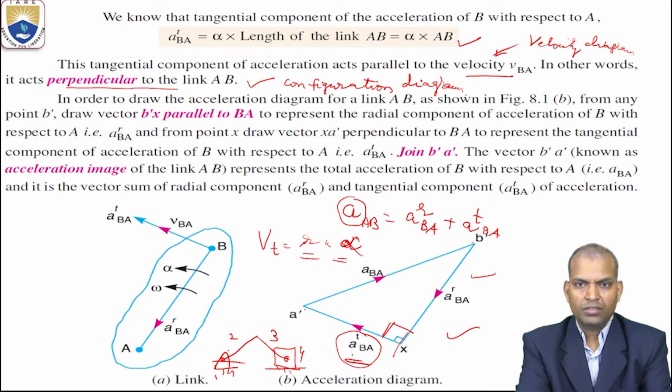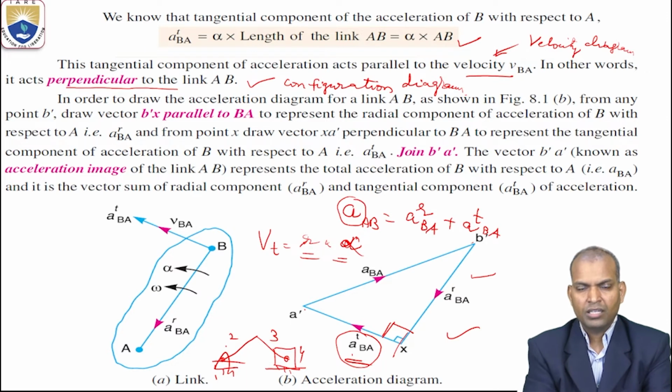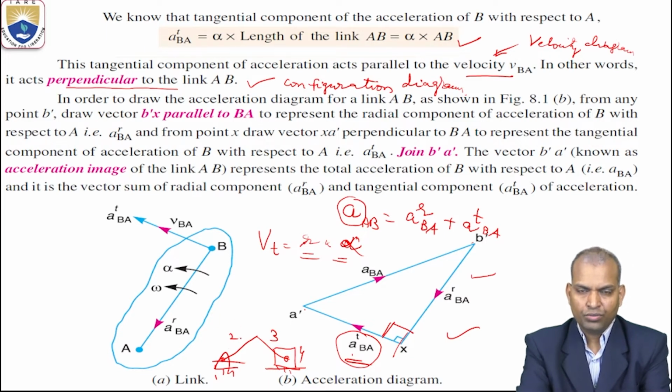Link 1 is fixed, so there is neither tangential nor radial component for fixed link 1. But link 2 has both radial and tangential components, and link 3 also has both. Whereas for link 4, the slider, one of the accelerations becomes absent because it is not under rotary motion.